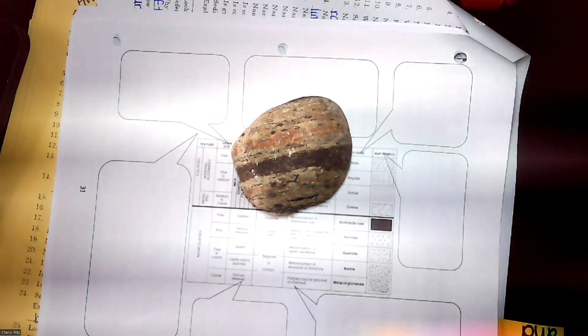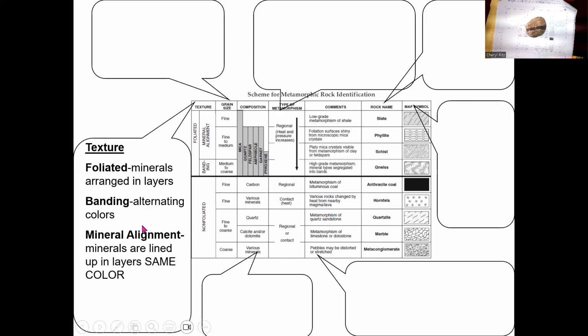So mineral alignment, unlike banding, there's not any different colors, but there are still layers. So I say the minerals are lined up, alignment, lined up. They are the same color though. So I'll pass this around and you can see if you can see the layers in that rock.